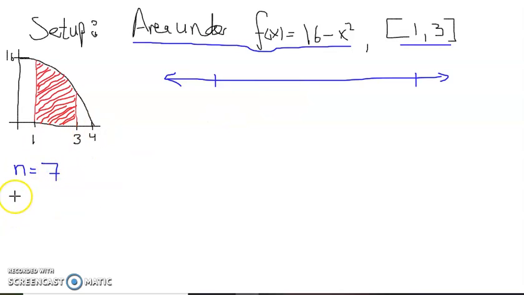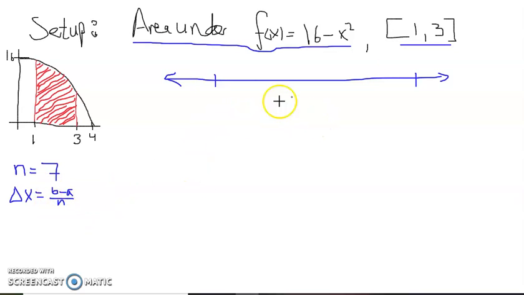But we can already, and this is what I recommend as the first step, say that the distance from one point to the next should be b minus a over n.